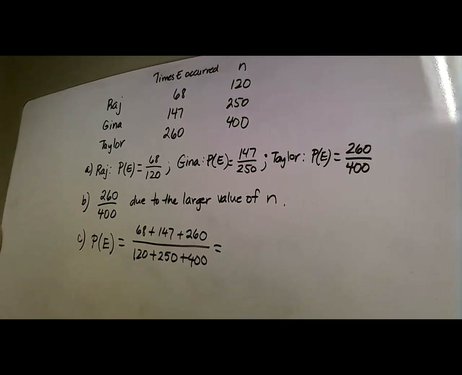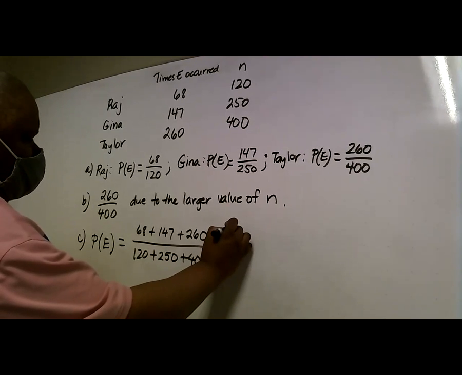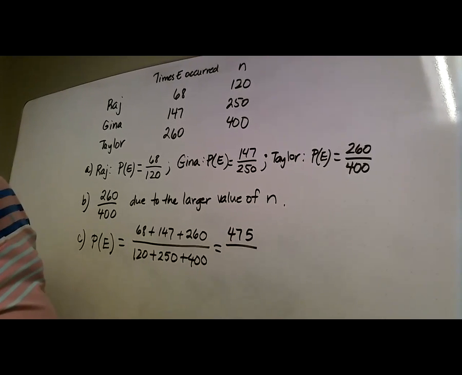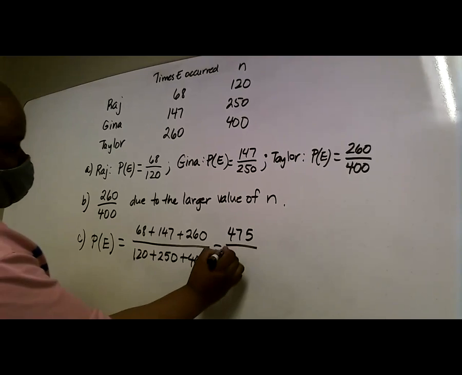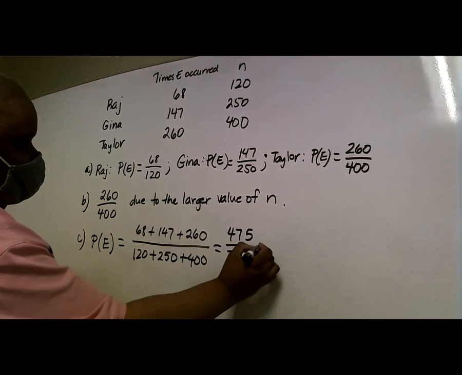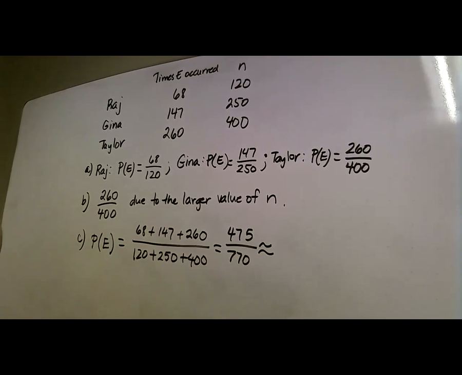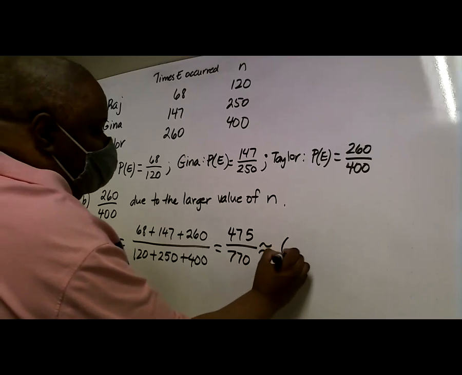If you add 68, 147, and 260, you would get 475, divided by 770. What's 475 divided by 770 times 100? 62%. Okay, approximately 62%.